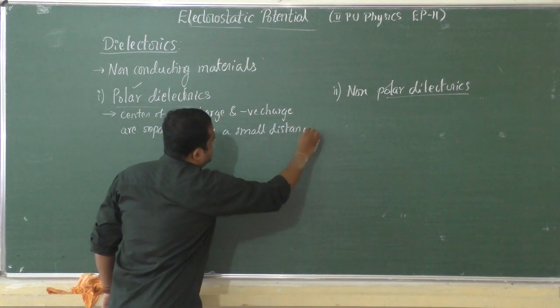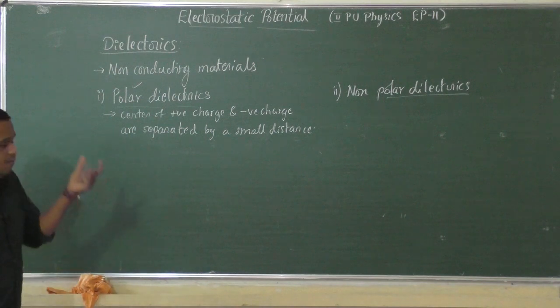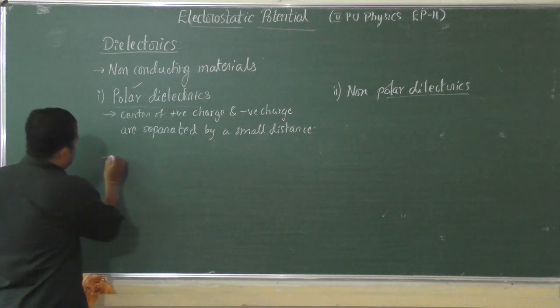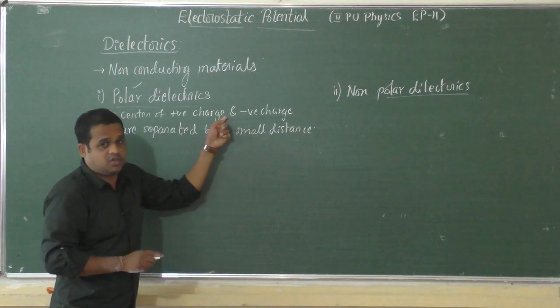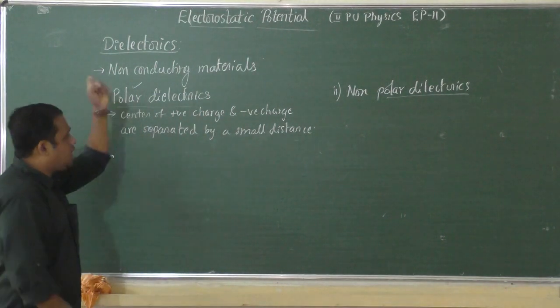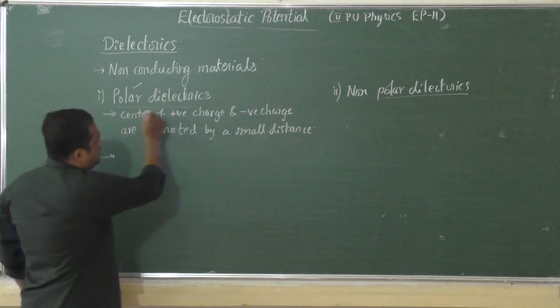So there will be separation between the center of positive charge and center of negative charge in case of molecule of polar dielectrics. If this condition is there in case of a molecule, then that molecule is called polar molecule. The dielectric made up of such type of molecules is called polar dielectrics.